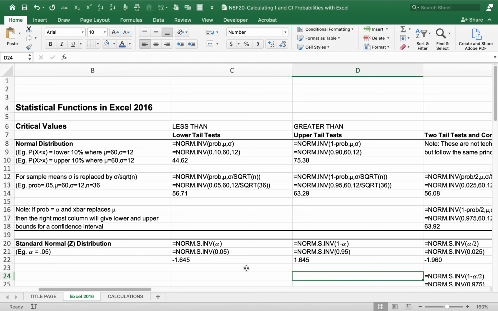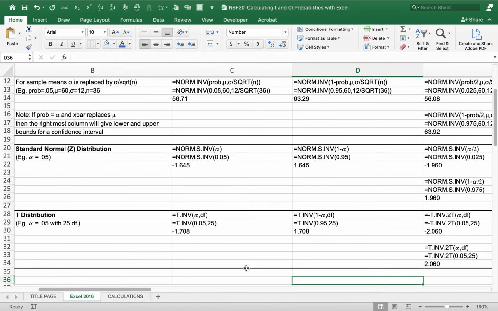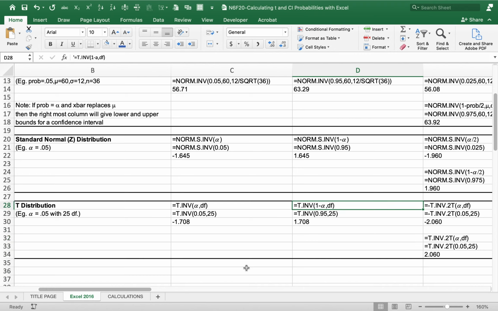It's the same with the t-distribution. With the t-distribution, we use a t-inverse function, just like we used a norm-inverse function or a norm-s-inverse function. With a t-inverse function, you put in your alpha or your probability, your area, and you also need to put in your degrees of freedom.